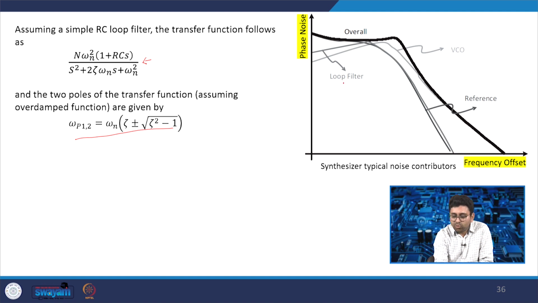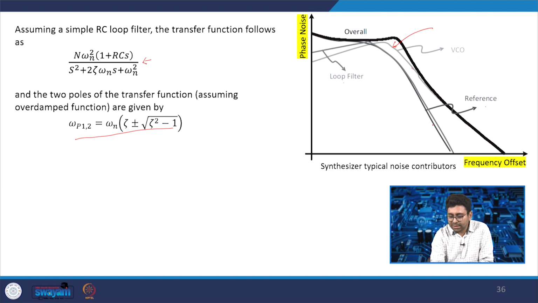If we consider the loop filter, VCO and reference and other things as ideal, then this is a curve of the VCO, where the phase noise is low at low frequency, it increases with the frequency offset, and then again the phase noise will decrease because of the low pass behavior.